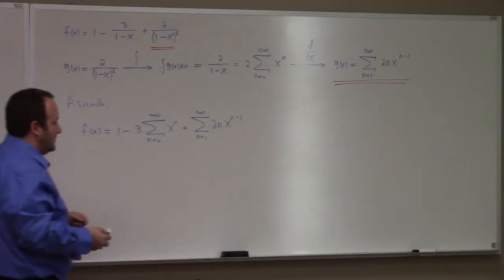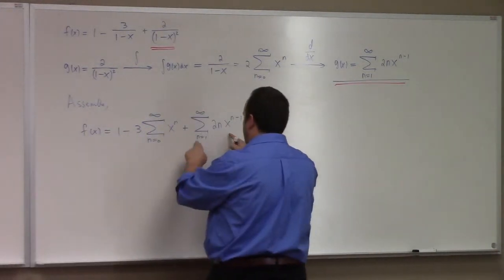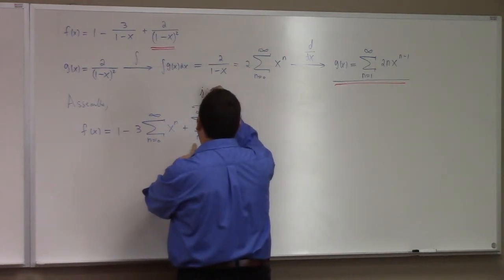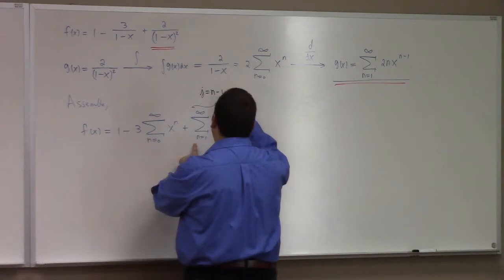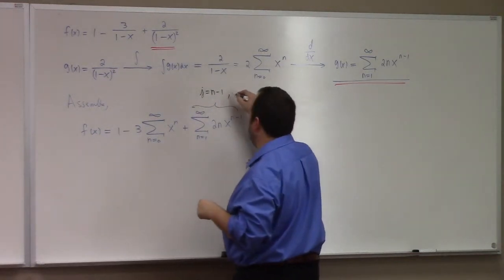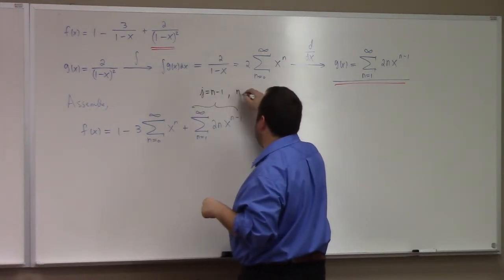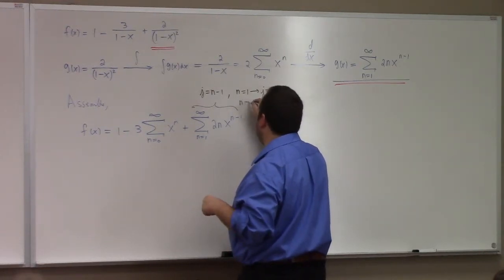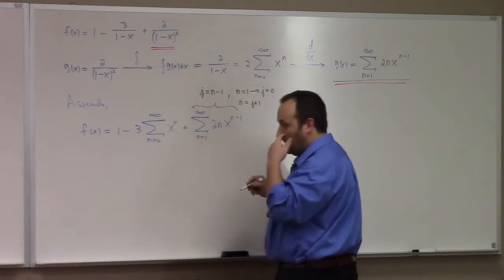Let's see here, what should we do? I think we should let j equal n minus 1, right? So that makes n equals 1 become j equals 0, and that makes n equal j plus 1.